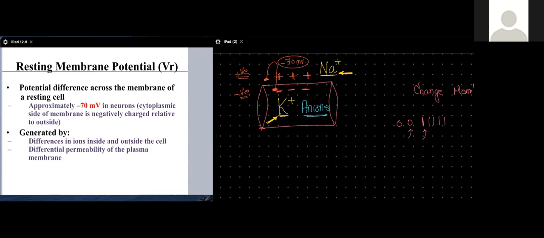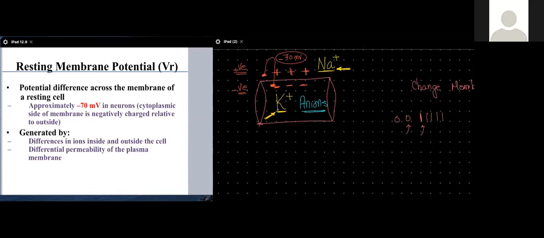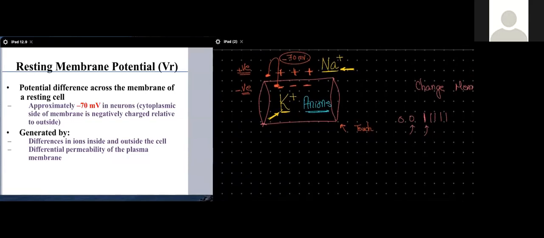If I've got a stimulus, let's say this is the nerve cell, this is a nerve fiber that will be excited to detect touch sensation. So if I did touch a surface with my skin, what's going to happen to the nerve cell?